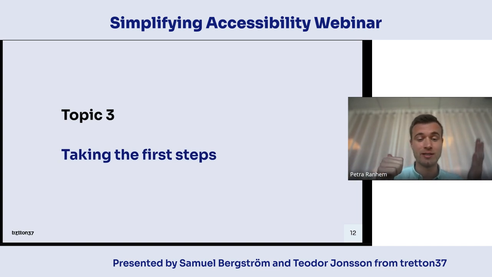So write semantic HTML, and then try to prioritize native browser features over creating your own custom JavaScript features, because JavaScript does a lot of things that screen readers can't interpret correctly. So you have to look out for that if you make customizations. Sometimes you have to do that, but then just keep that in mind.